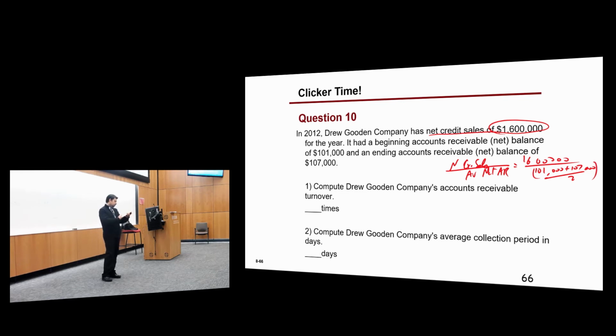That would give you 15.4 times. This means that during that year the company was able to collect their accounts receivable 15.4 times, and then to calculate the collection days, you would simply divide 365 by 15.4.